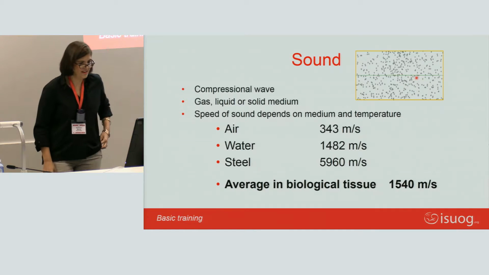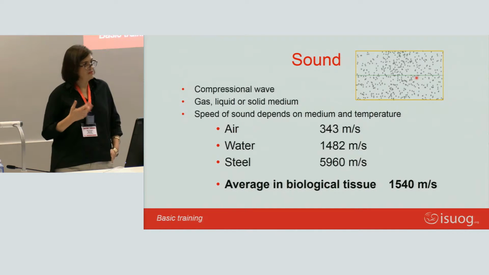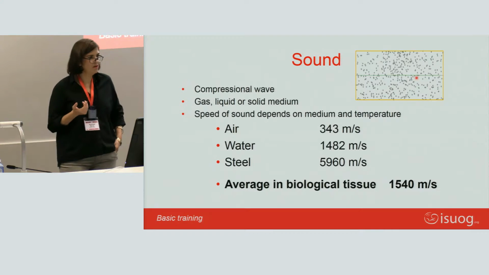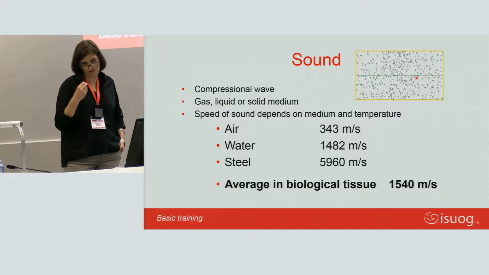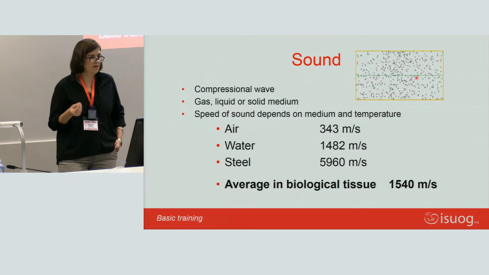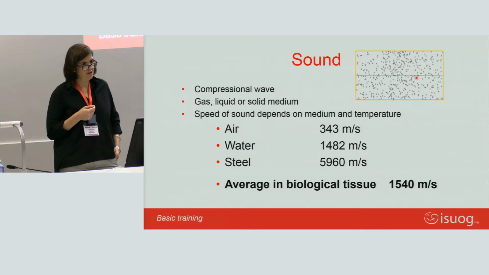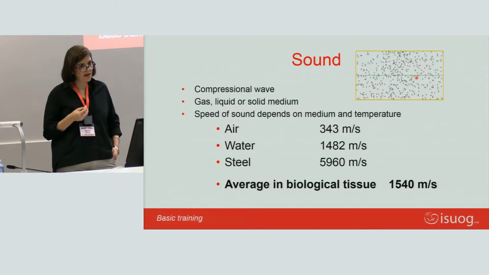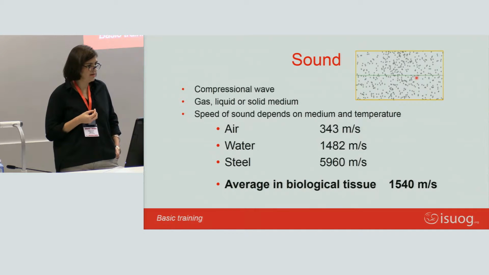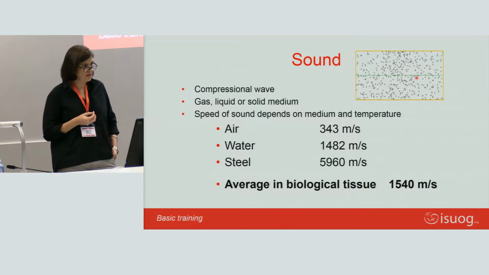Okay. So most of us think of sound as the barking of the dog or the screaming of a child, and that really is just vibrations in air. But sound can also move through a liquid and a solid. So if you're underwater and sound goes through the water, you can actually hear the sound, but in a different way. And the speed at which the sound travels is dependent on the phase in which it is and the temperature.